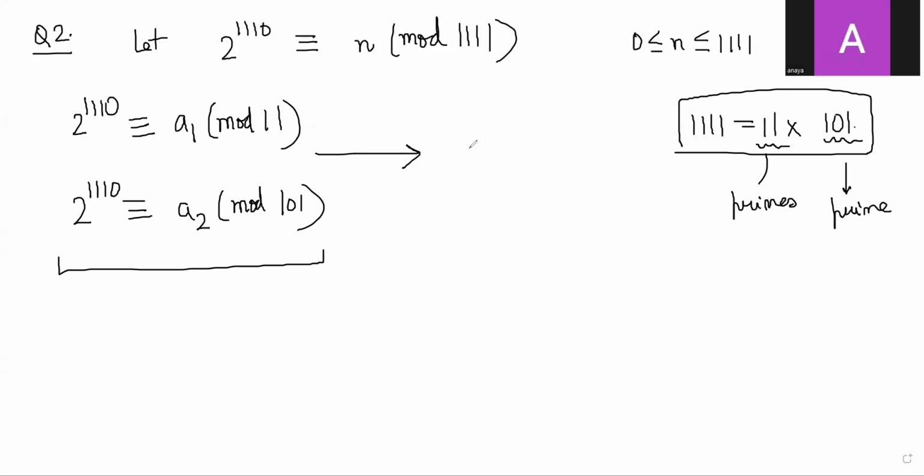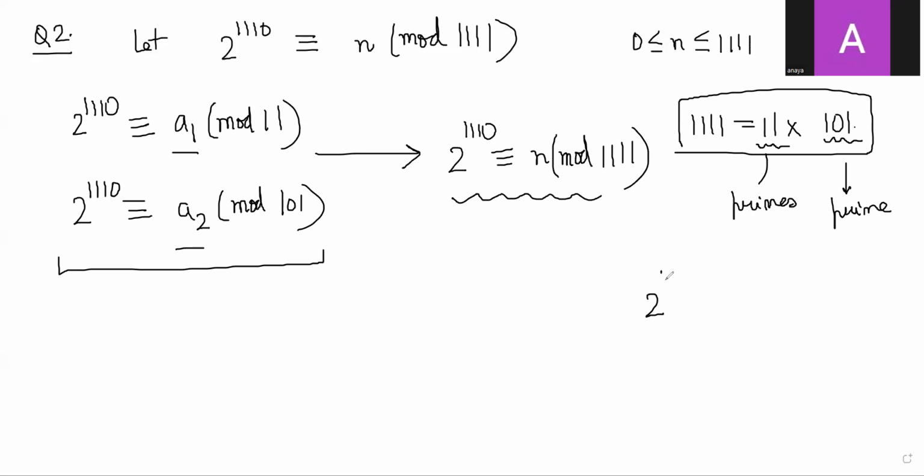From here, we know how to combine, right? Yeah. So you have to first find a1 and a2. What is 2 power 10 congruent to mod 11?